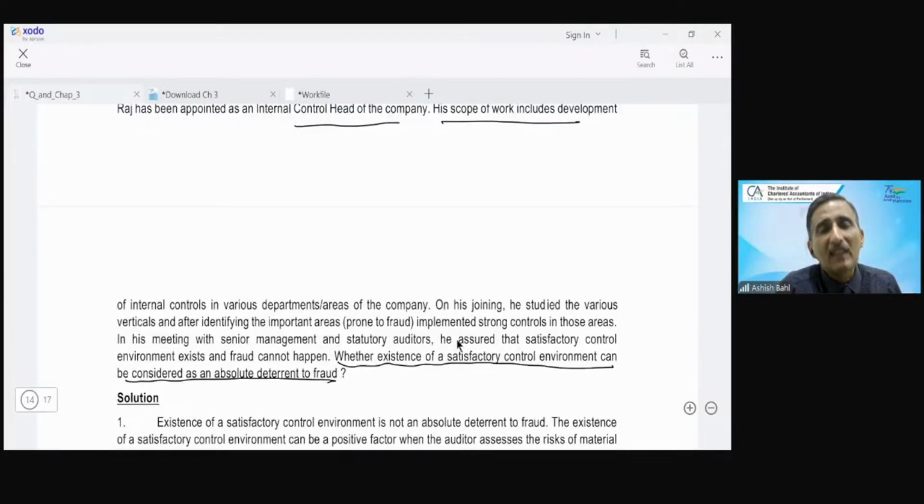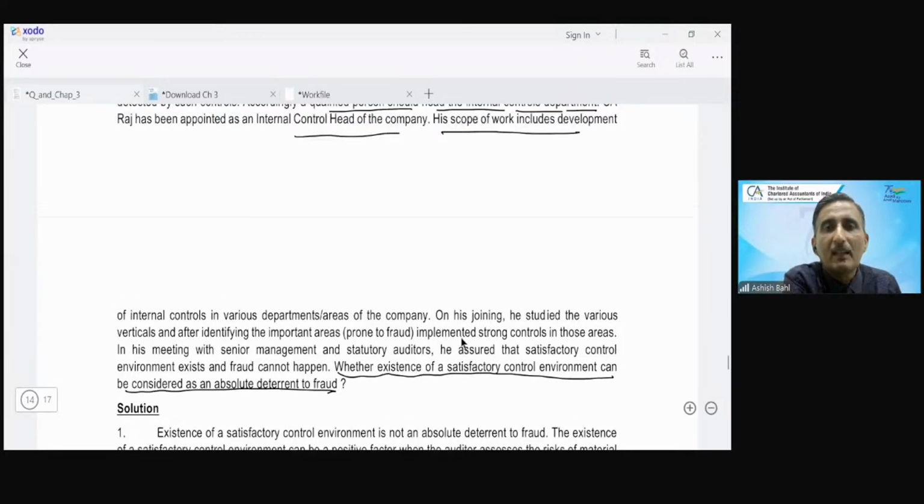Basically, a checklist and an IC questionnaire both contain questions. The main point of difference is that a checklist is required to be filled by the auditor's staff, and the IC questionnaire is given to the client and is required to be filled up by the entity's staff. Thereafter the auditor goes through it. Yes, Gurmeet, is it clear to you?